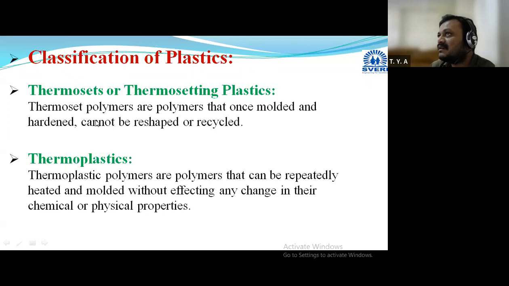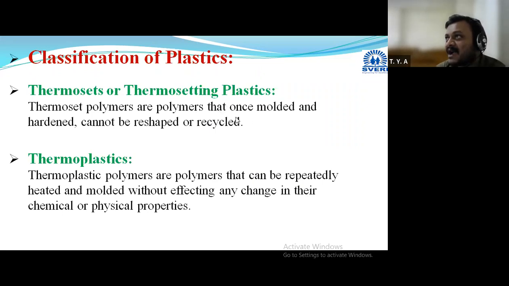The plastic materials that once molded and hardened cannot be reshaped are termed as thermosetting plastic materials, and the plastic materials that can be repeatedly heated and molded without affecting their physical and chemical properties will be termed as thermoplastic materials. This is the basic classification. Now, each type has some specific properties and specific applications that we will discuss.